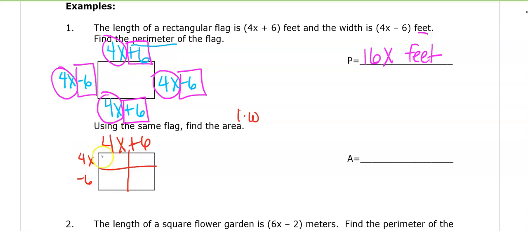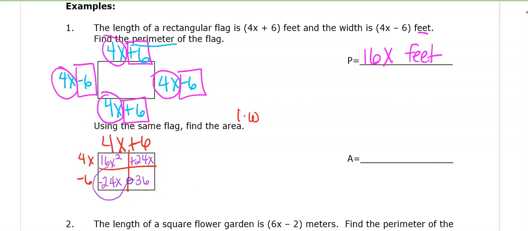4x times 4x is 16x squared. 6 times 4x is 24x. Be sure you put your signs down there, your positives or your negatives. 4x times negative 6 is negative 24x. And 6 times negative 6 is negative 36.